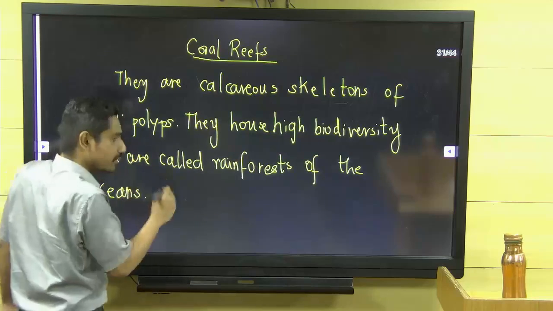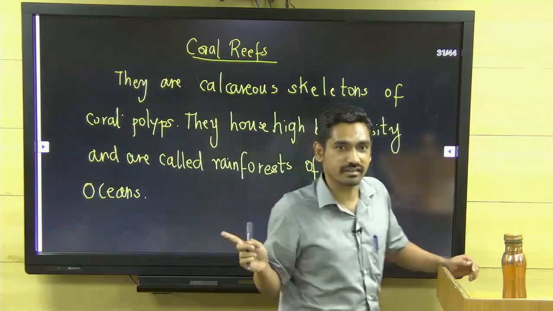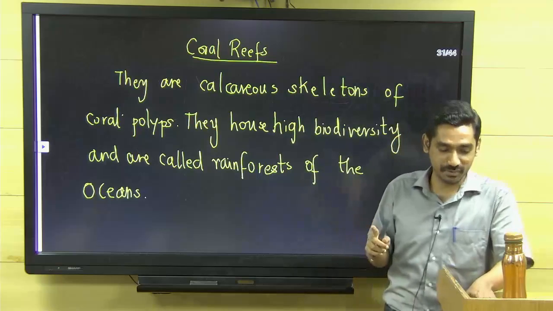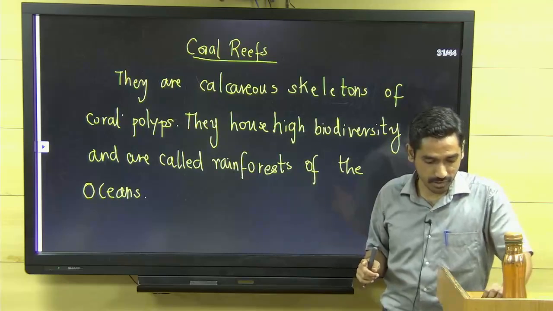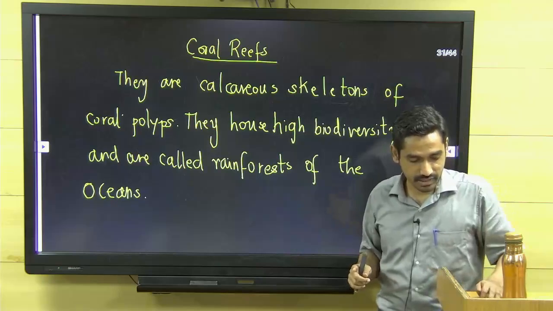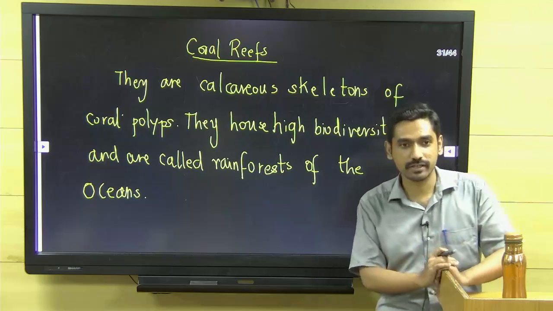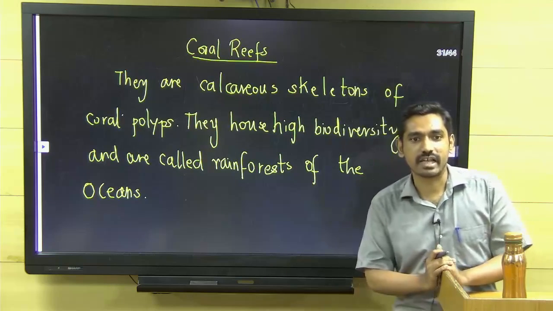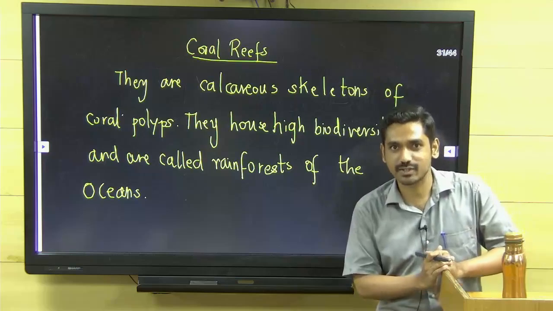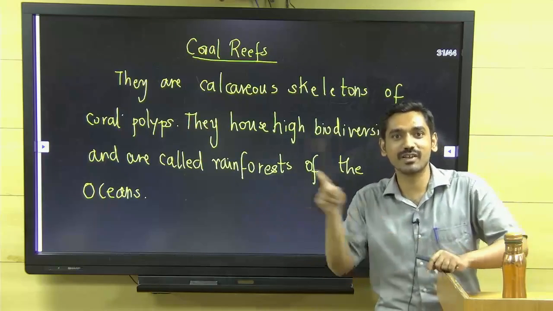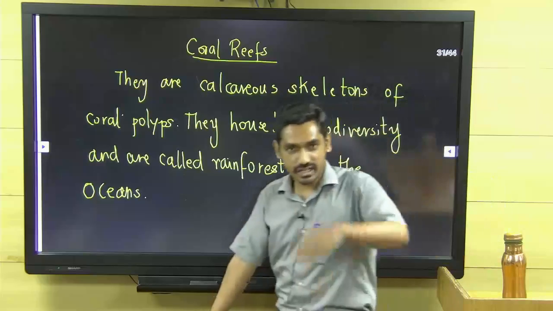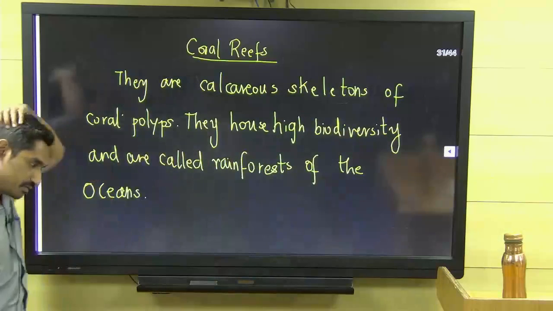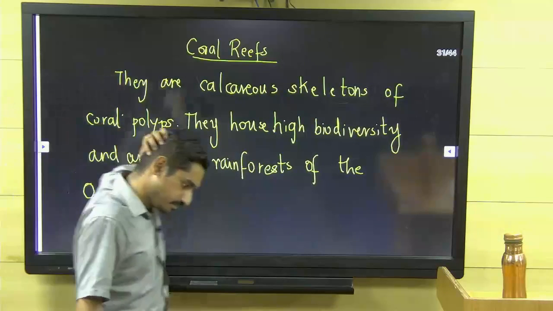Actually, rainforests should be called coral reefs of the land. That is the right way to say, because they are much, much bigger, having much more biodiversity. Just like we say Kautilya is considered the Machiavelli of India. Actually, Machiavelli should be called Kautilya of Italy, because Kautilya lived 1500 years before Machiavelli.